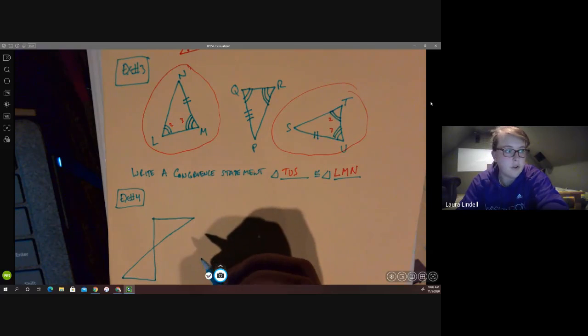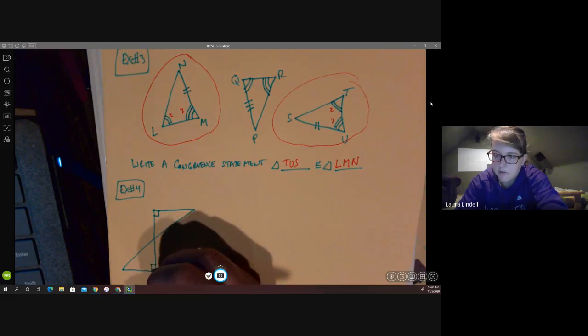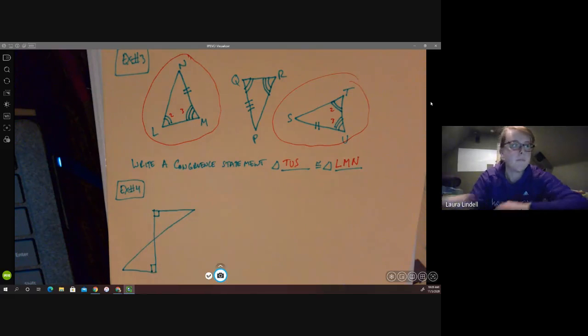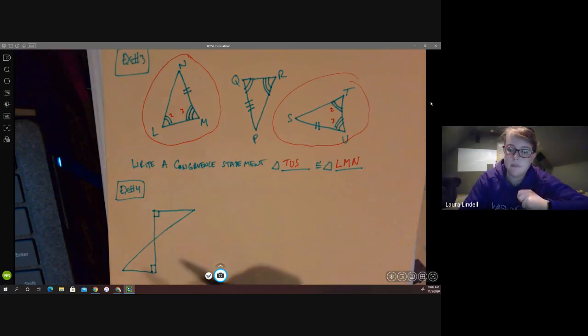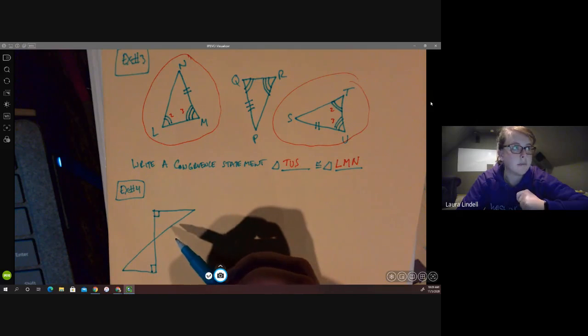It's not a great drawing, but hopefully it's good enough. Here, I'll finish drawing this picture, and then I'll wait a second, let people finish writing.